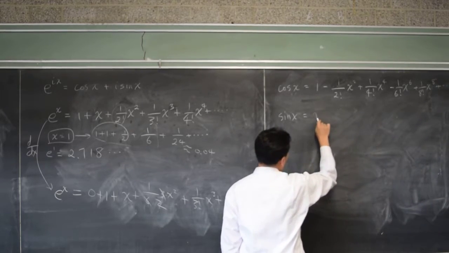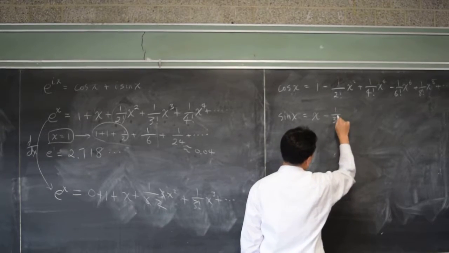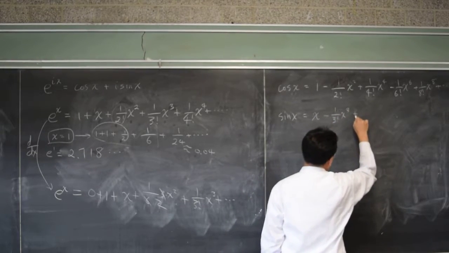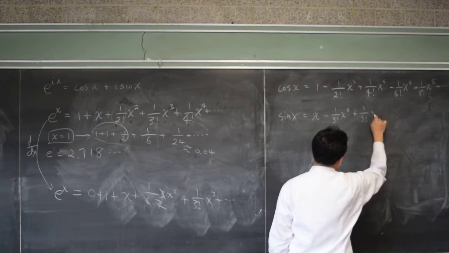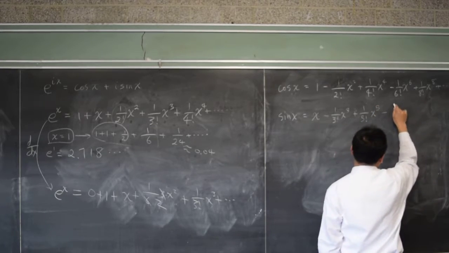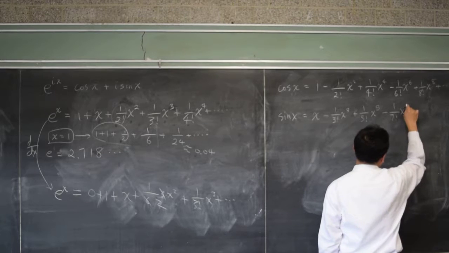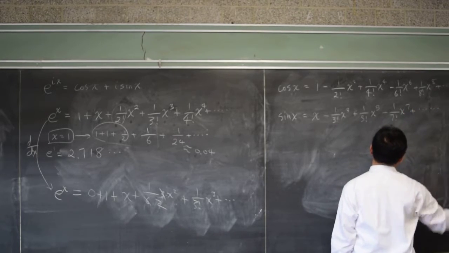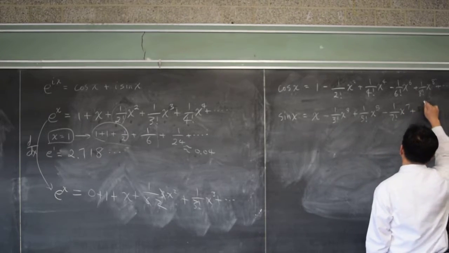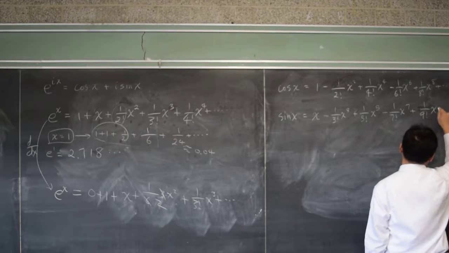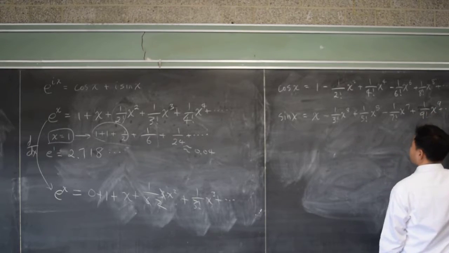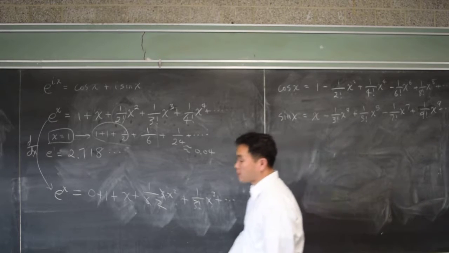And sine x is x minus 1 over 3 factorial x cubed plus 1 over 5 factorial x to the 5th minus 1 over 7 factorial x to the 7th, and so on and so on. Let's just write one more time, 1 over 9 factorial x to the 9th.